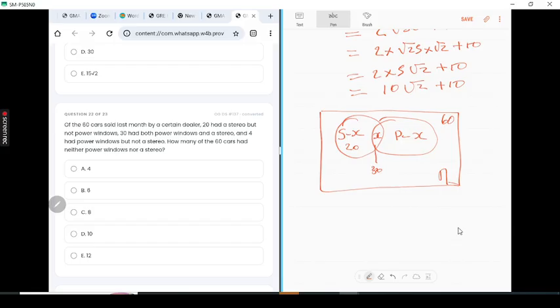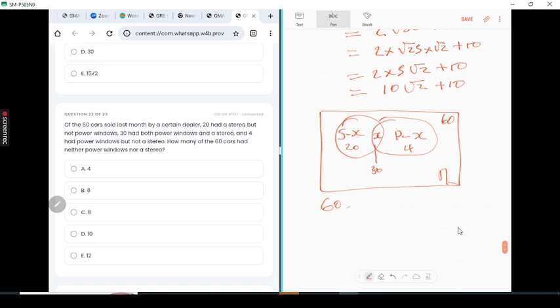And 4 had power windows but not a stereo, so here is going to be 4. The addition of all these things, including N, is what gives us 60. It also means that if we subtract all this from 60, it gives us N.